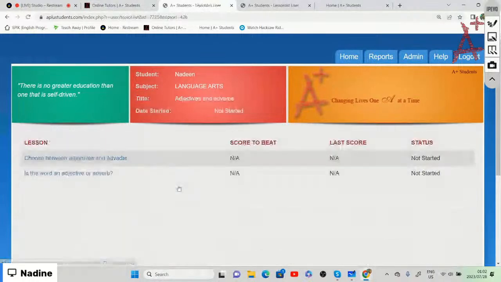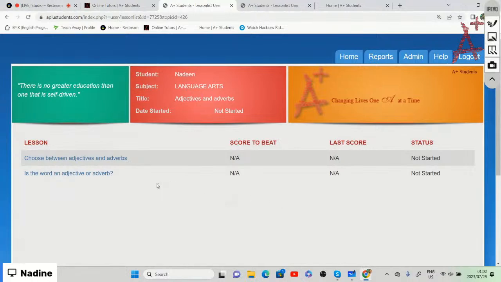Once we are in the chapter, the lessons that we are going to be focusing on are "Choose between adjectives and adverbs" and "Is the word an adjective or an adverb?" So those are going to be our two focus lessons under the chapter of adjectives and adverbs.